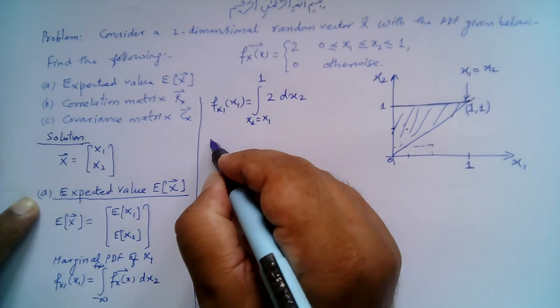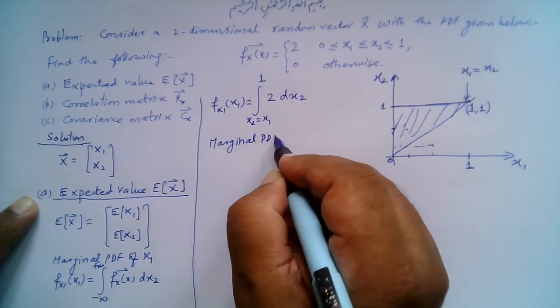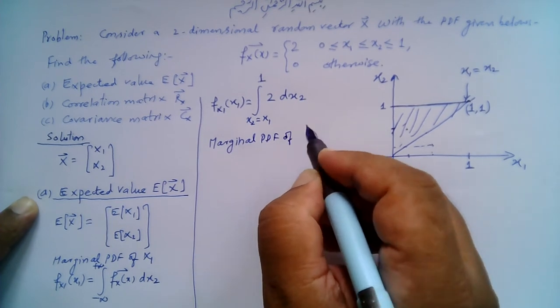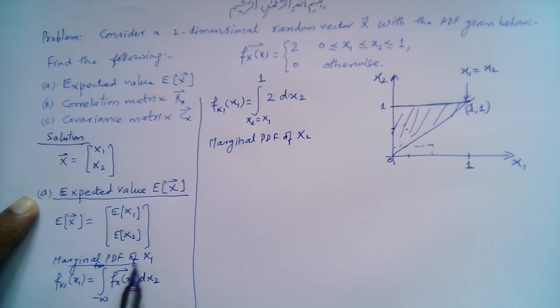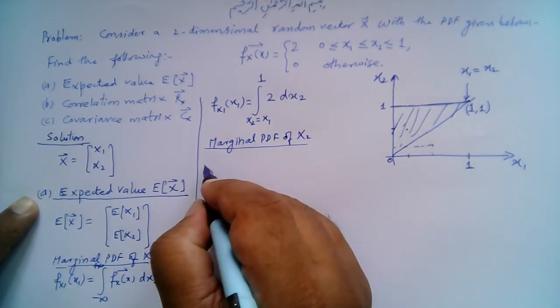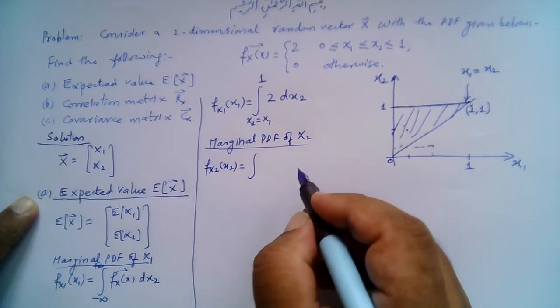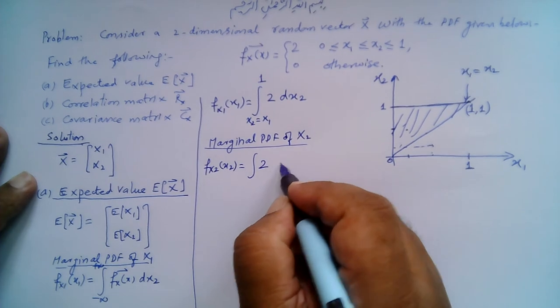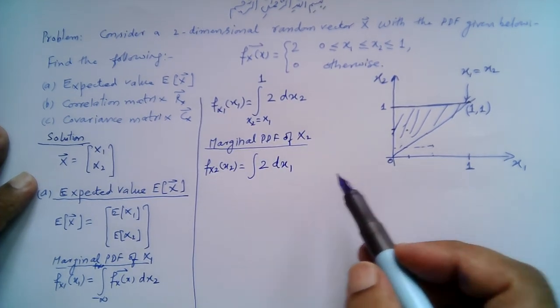Similarly, the marginal PDF of x2, this was the marginal PDF of x1, can also be obtained. f_x2(x2) is given by the integral of 2 dx1, and we are integrating with respect to x1 now.